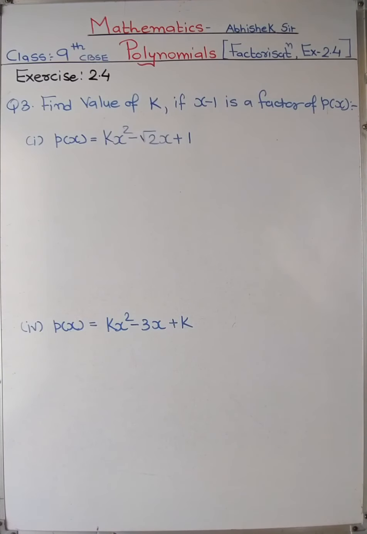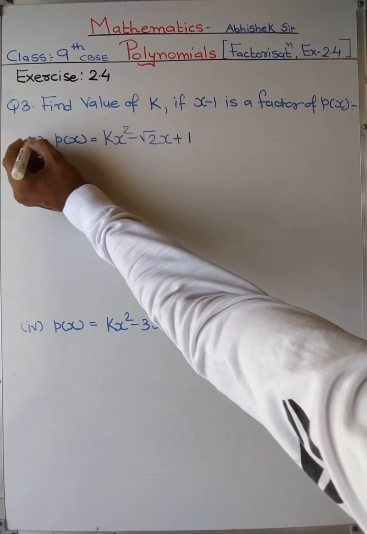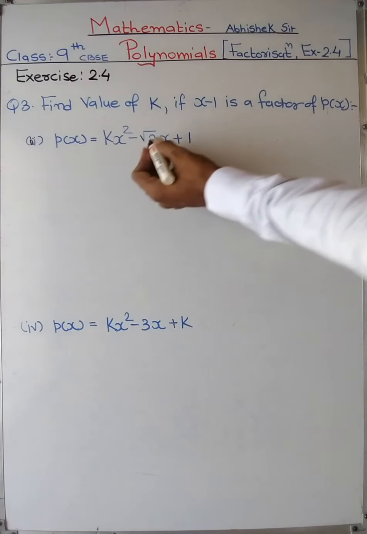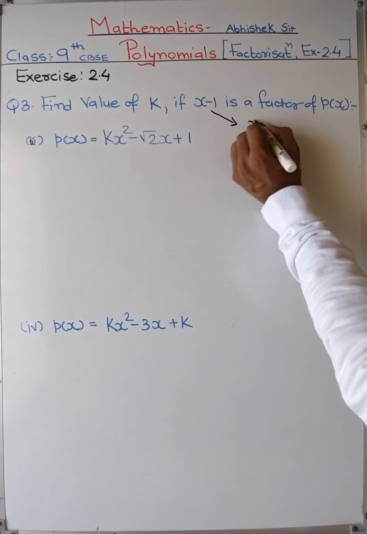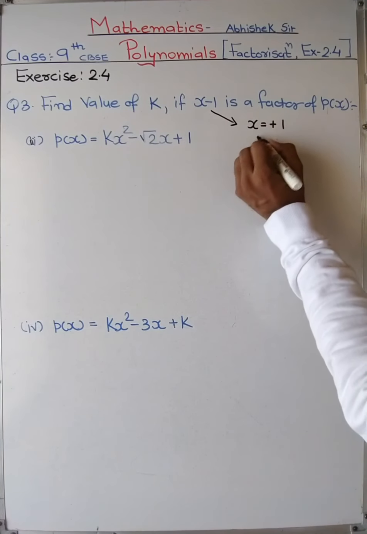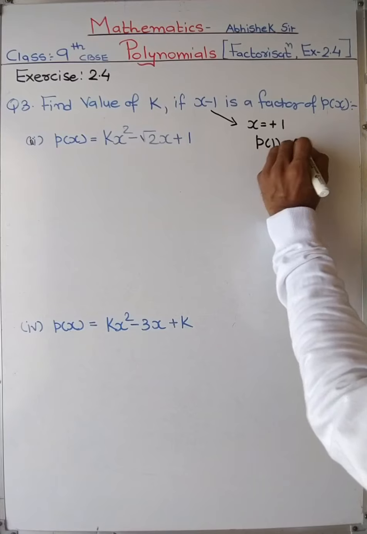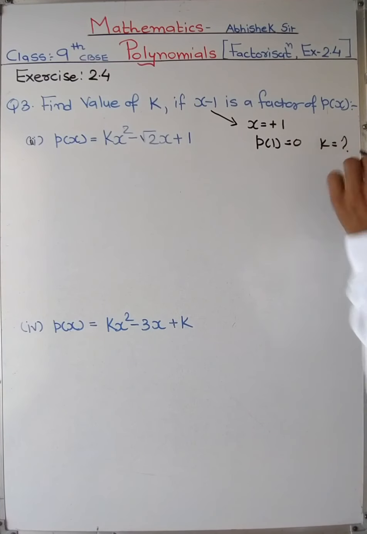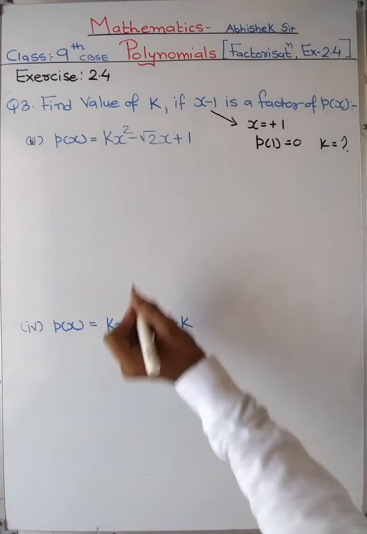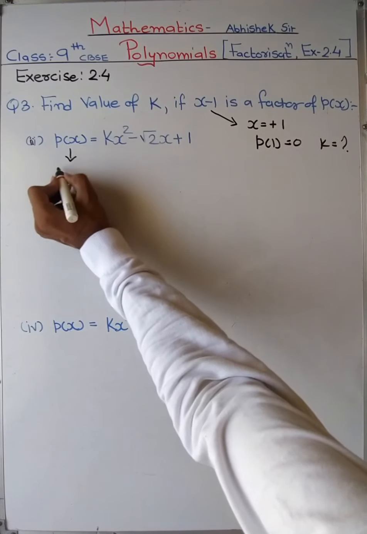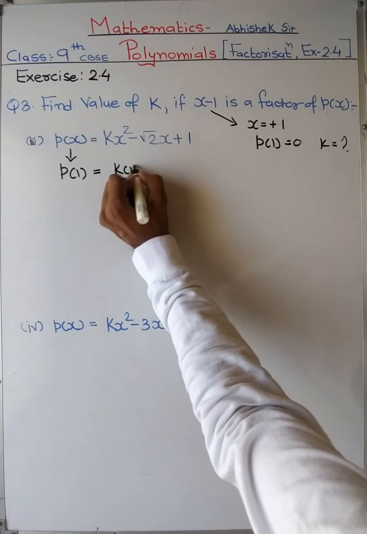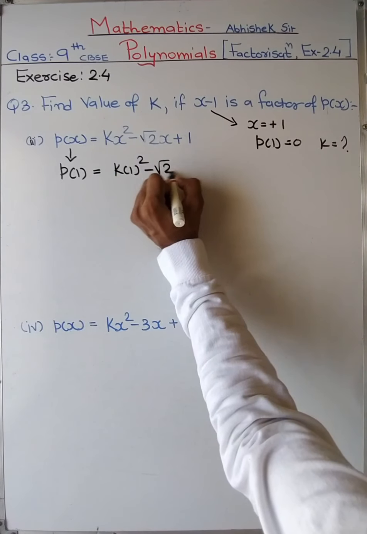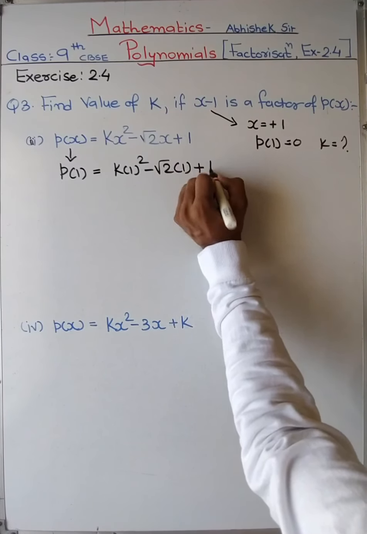Moving on to the next part. Question number 3 is p of x, kx square minus root 2x plus 1. So again x minus 1 is a factor. So x equals plus 1. If p of 1 is 0, then we will get the value of k. Okay, just a kind of revision. So again we have to put p of x equals p of 1, k into 1 square minus root 2 into 1 plus 1.